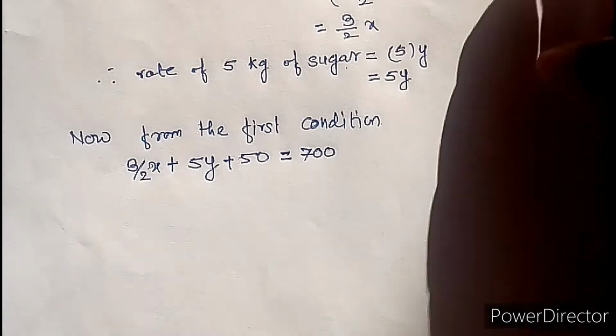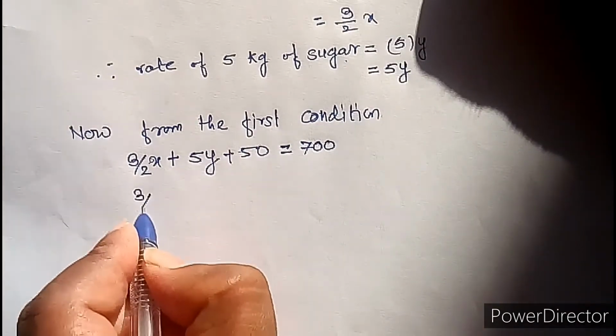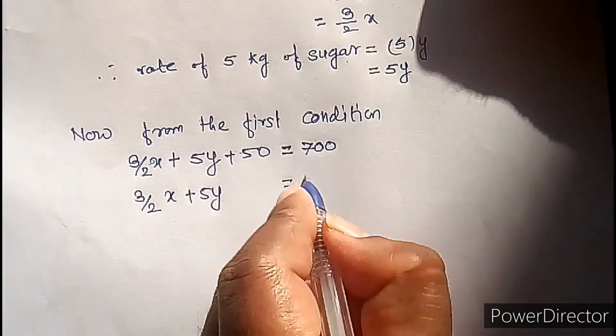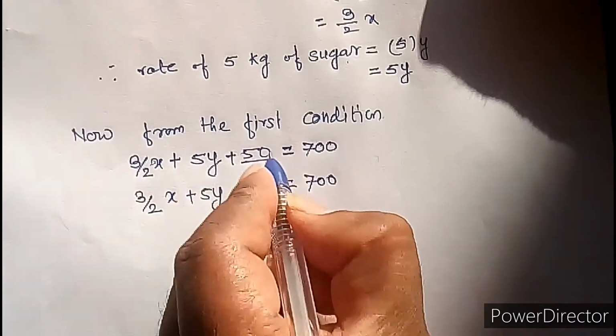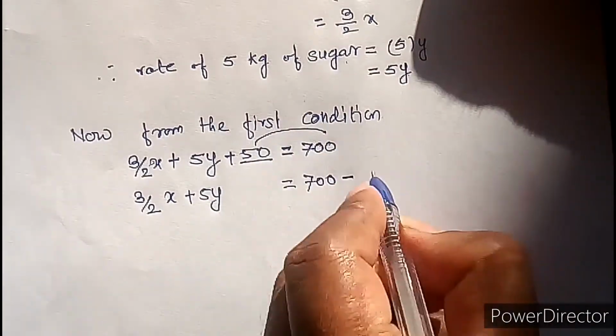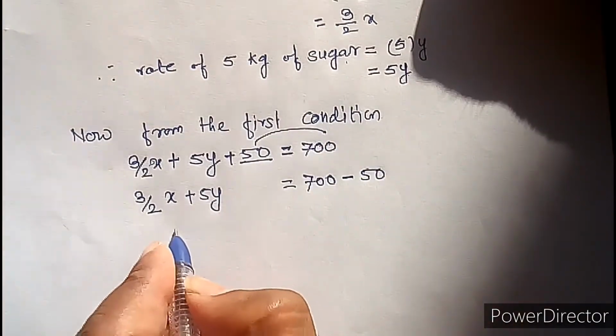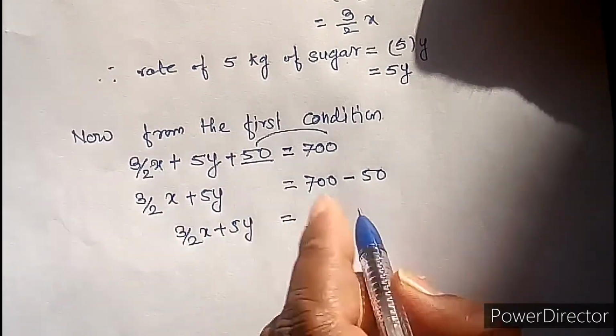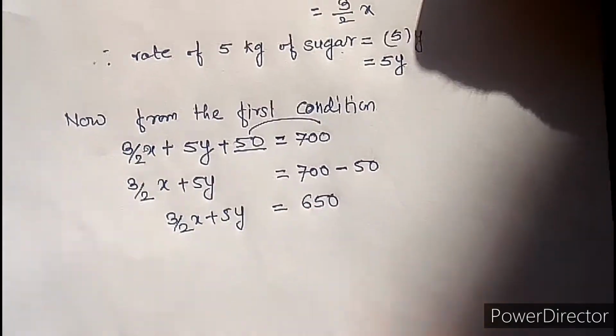Now on solving this equation, what we get: 3 by 2 x plus 5y equals 700. Now shift this 50 to the right hand side, it becomes minus 50. We get 3 by 2 x plus 5y equals 700 minus 50, that is 650.